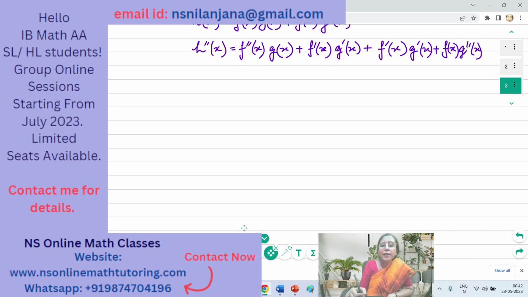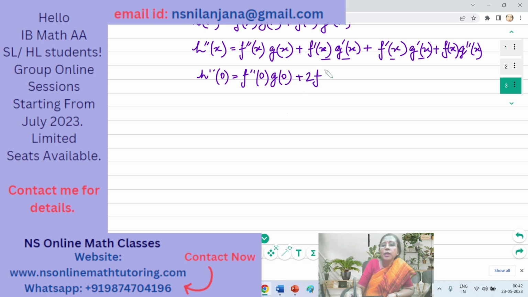Now we need h double dash 0. So h double dash 0 will be equal to f double dash 0 times g of 0. And you see f dash x g dash x, and this is also the same, so I can just add these.